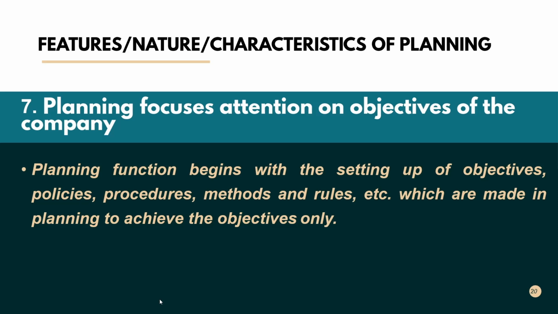Next, the last feature, number 7, planning focuses attention on the objectives of the company, which means that everything that is being done during the planning process is aimed at achieving the company's goals. So when a company plans, it sets objectives, and then they will create policies, procedures, methods that will help reach those objectives.